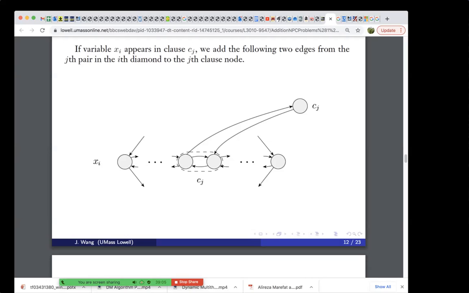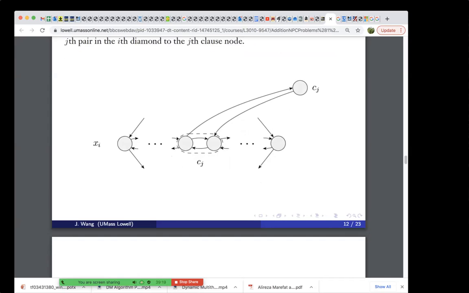So the left one goes to Cj, and Cj goes to the right of that pair. All right, so now imagine each clause has 3 literals, so that's how you make all these connections.